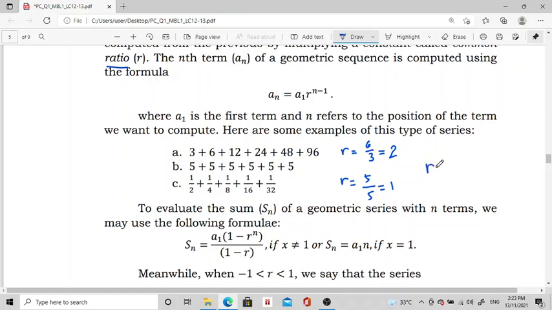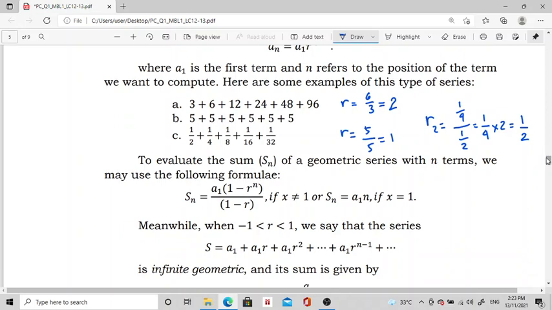While for letter C, we divide 1/4 by 1/2. So, that is the same as multiplying 1/4 by 2. And what we get is 1/2.